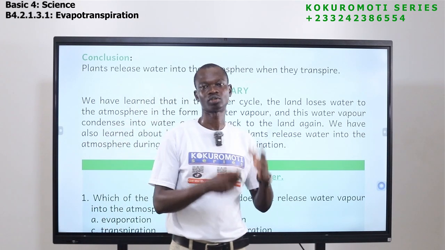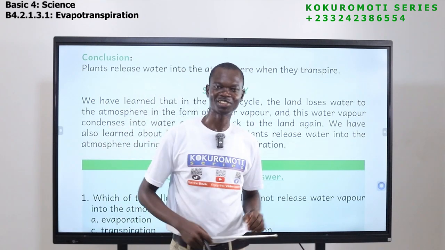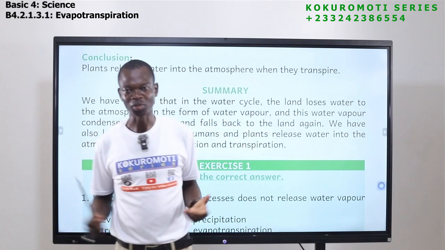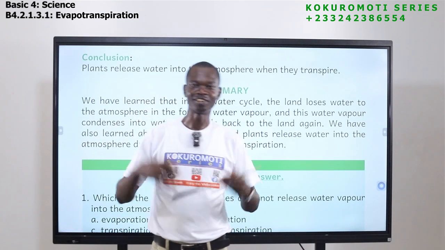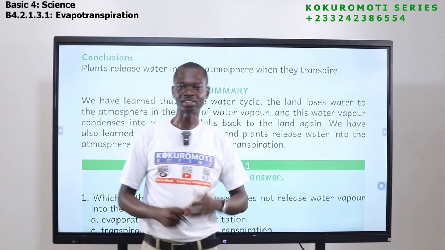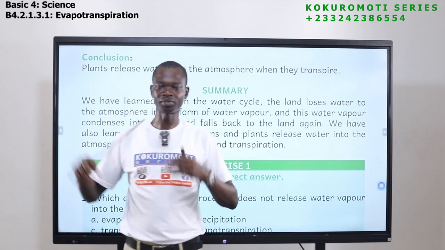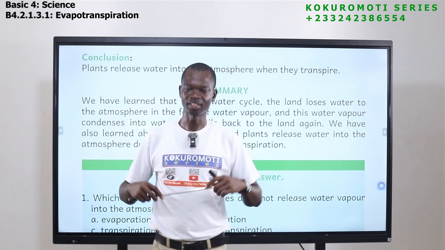Water turning into water vapor. Evaporation happens in water bodies. Transpiration also happens in plants. They lose water into the atmosphere in the form of water vapor. This happens in the presence of what? Heat. So if there is heat, you see evaporation taking place, you see transpiration also taking place.